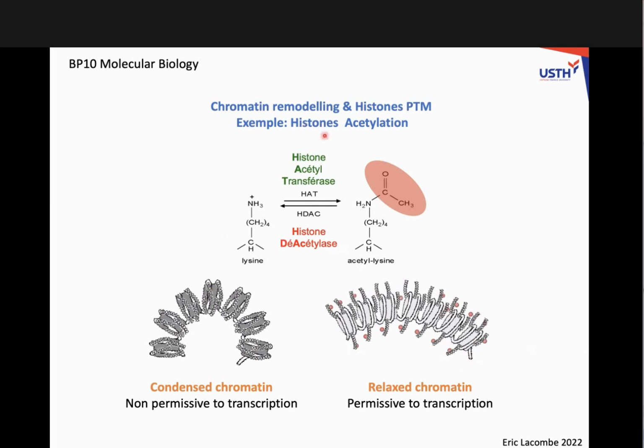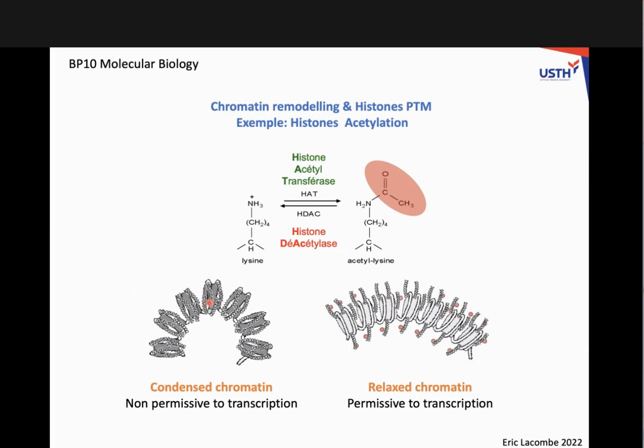So if you think a little bit about that, imagine that in this part of the genome, there is a gene. In the situation where this gene is in the context of condensed chromatin, it cannot be expressed.